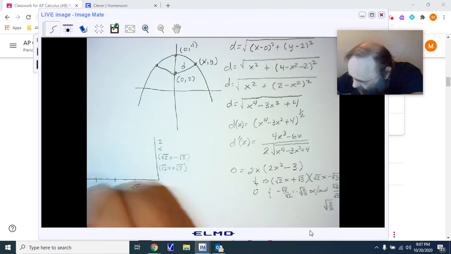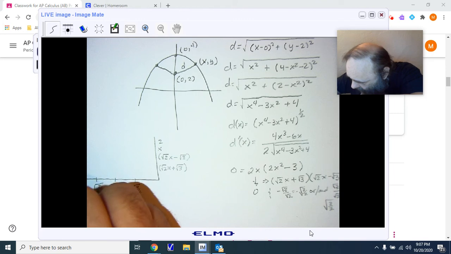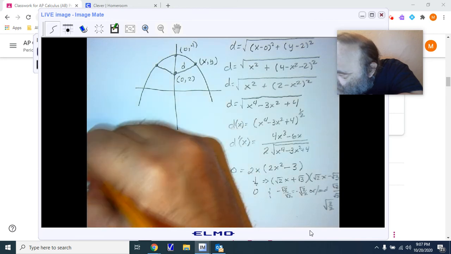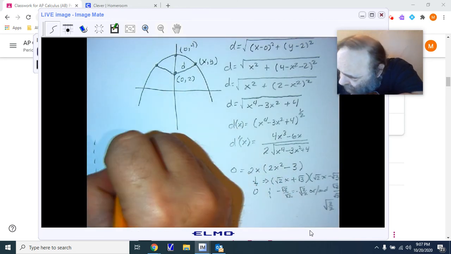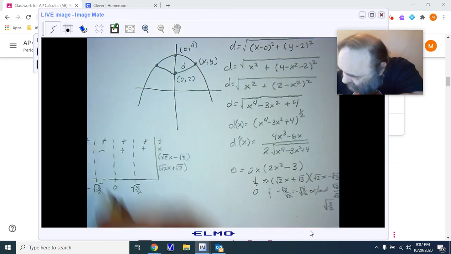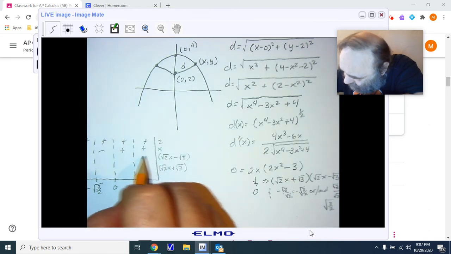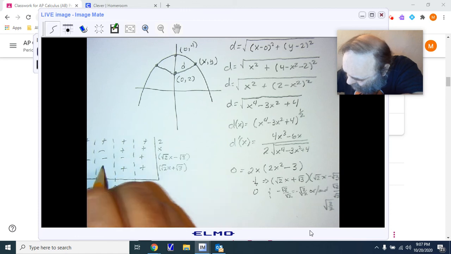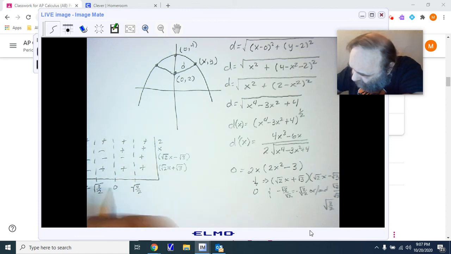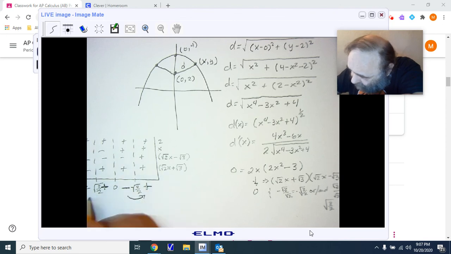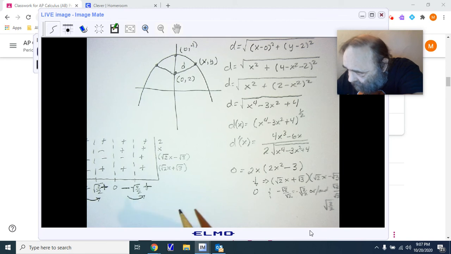Let's just call it root 3 halves, 0, negative root 3 halves. Now you'll notice plus, plus, plus, plus, plus, plus, minus, minus, and I'm just going through all of my steps. And you'll notice we get a negative product, positive product, negative product, positive product. These are the two minimum values by the first derivative test.